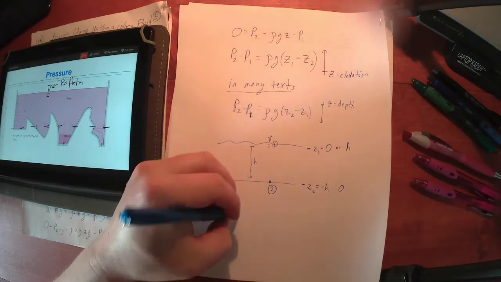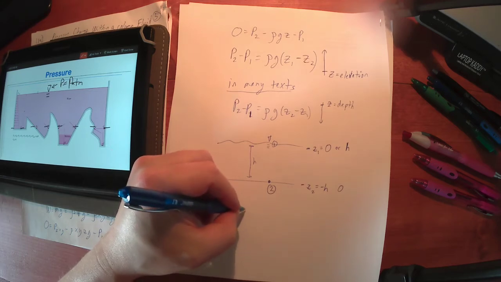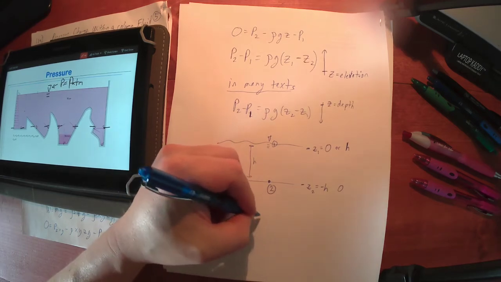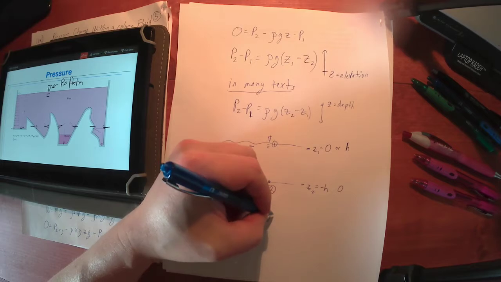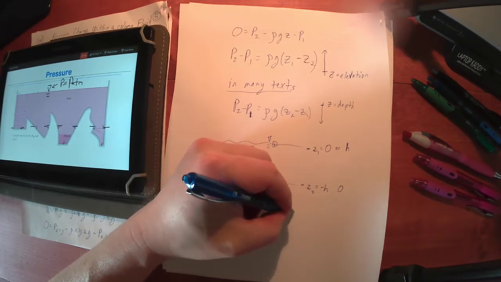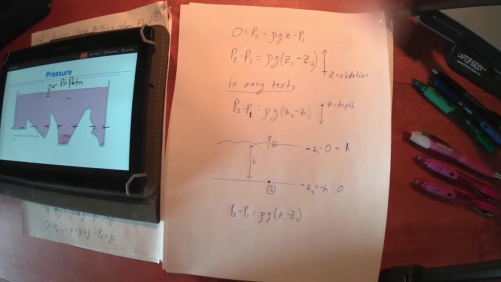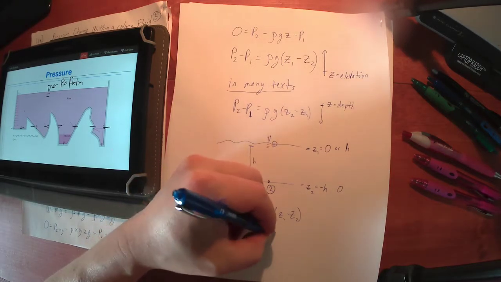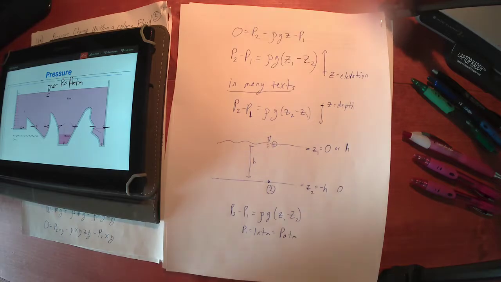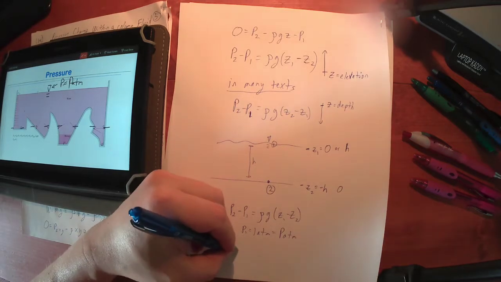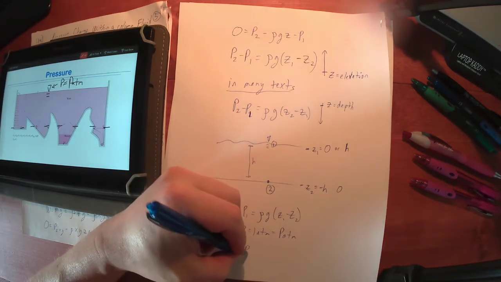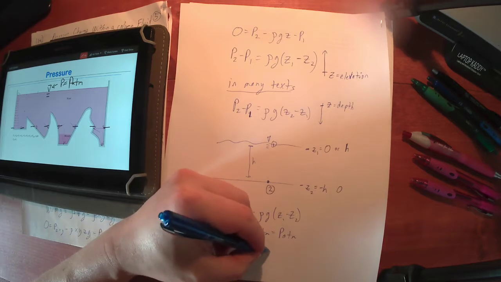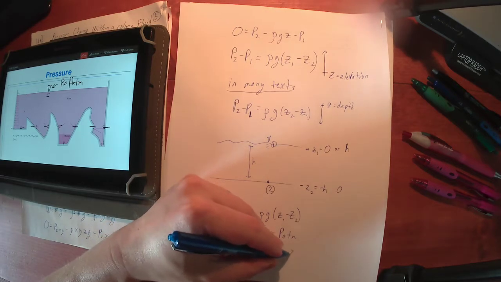Okay, and so what we're saying there is if I take the pressure at point 2, subtract from it the pressure at point 1, that's equal to the density of the fluid times gravity times (z1 minus z2). If P1 is equal to 1 atmosphere, we'll just say P atmosphere, then we can say P2 is equal to P1 plus rho g (z1 minus z2).